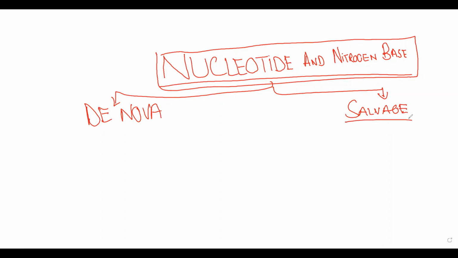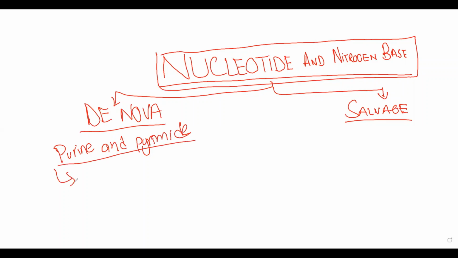In de novo synthesis, purines and pyrimidines are synthesized from smaller precursor molecules.